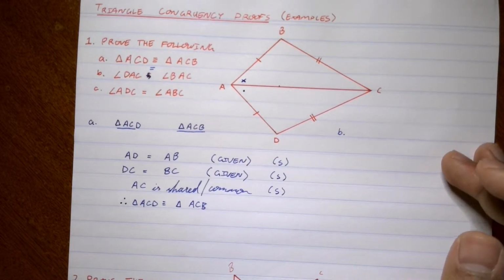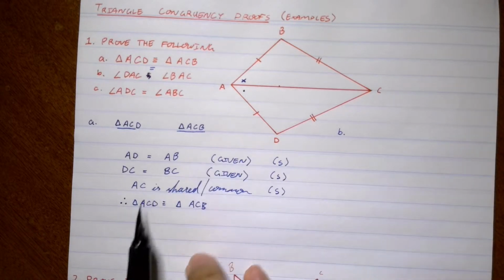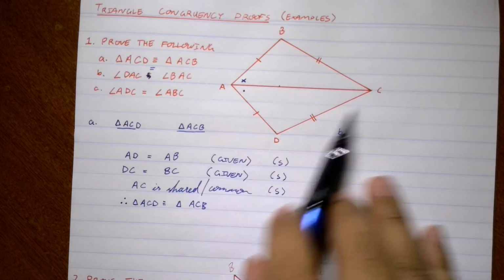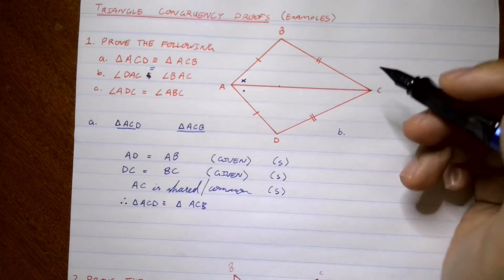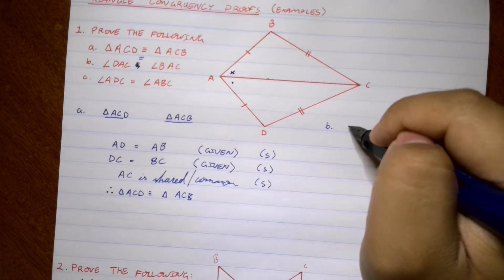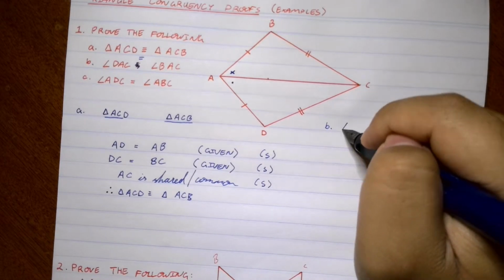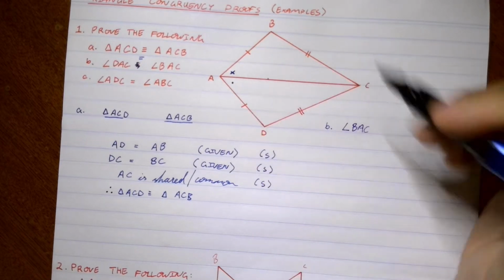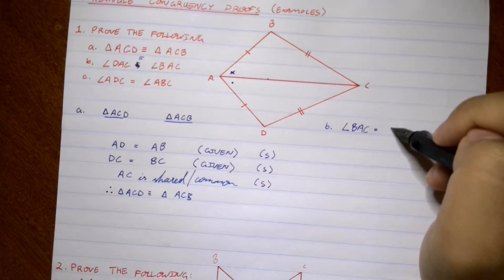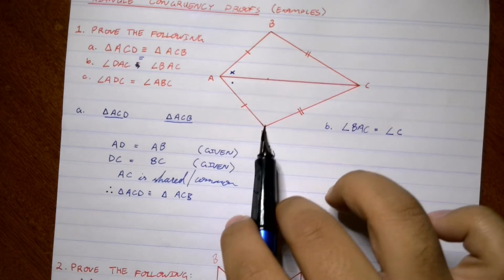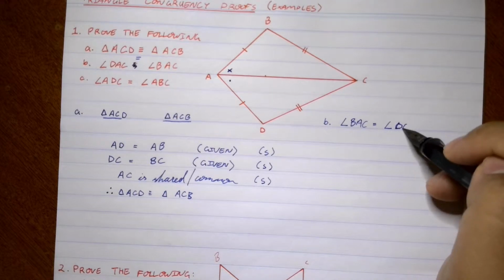Well, that's actually very simple. Because we've proven that these two triangles are congruent, we can just say very simply, angle BAC, the one with the X, is equal to angle DAC.